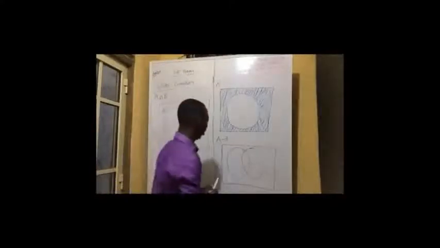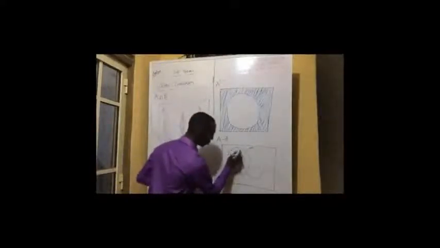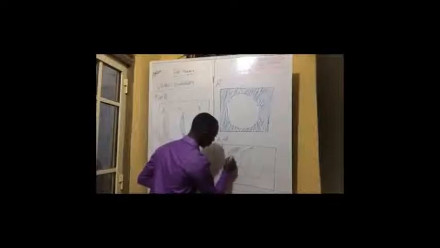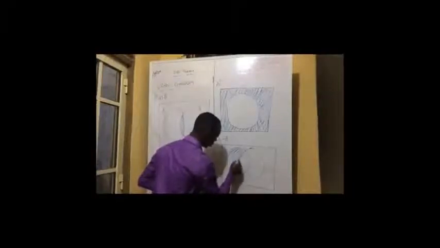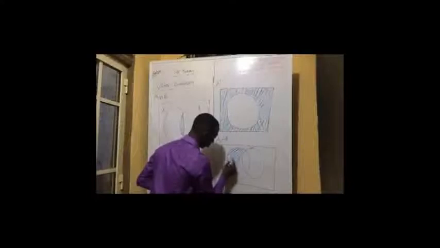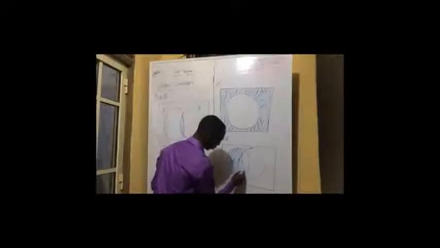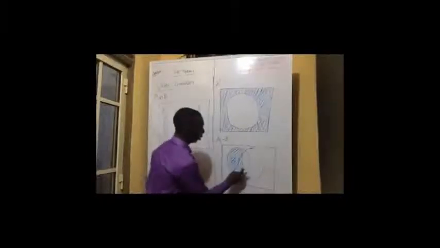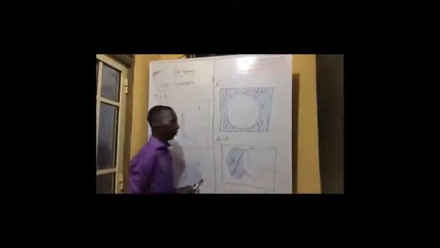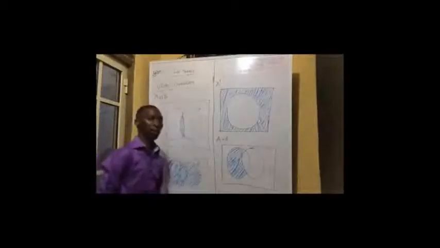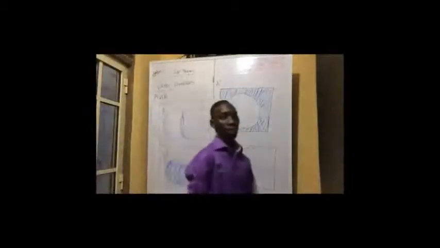So the region of A minus B would be my A alone. That's the region of A minus B. So that is it about diagrams on those types of sets we have mentioned.